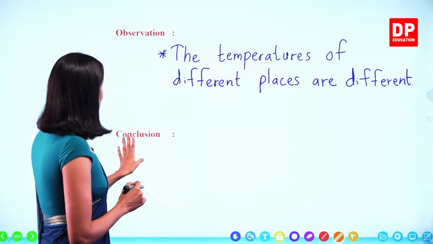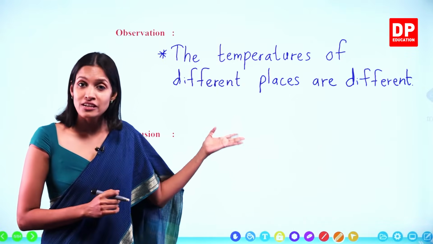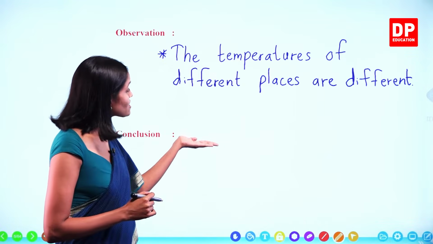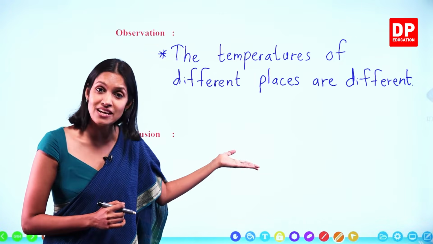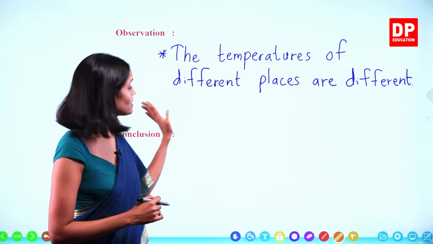Okay, so what is the conclusion? So the conclusion is different places of the environment get heated up in different amounts. Okay, let's write.